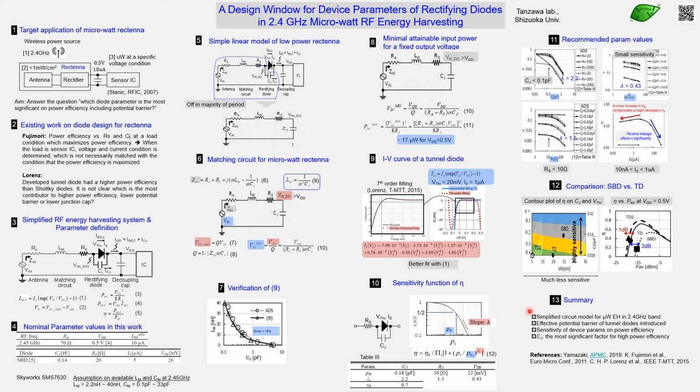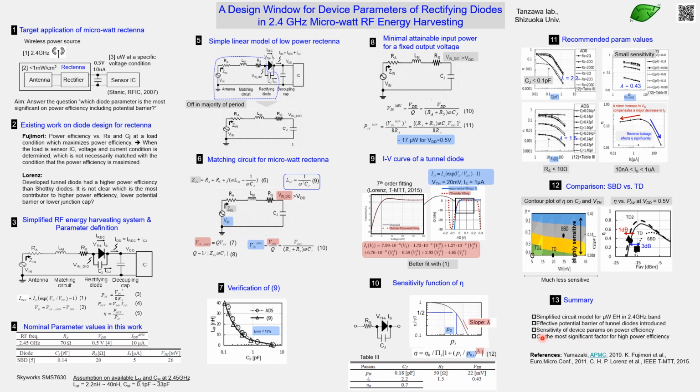So in summary, we showed a simplified circuit model for microwatt energy harvesting or microwatt wireless power transfer. In this model, we also introduced an effective potential barrier of the tunnel diode to discuss with the other type of rectifier diode.